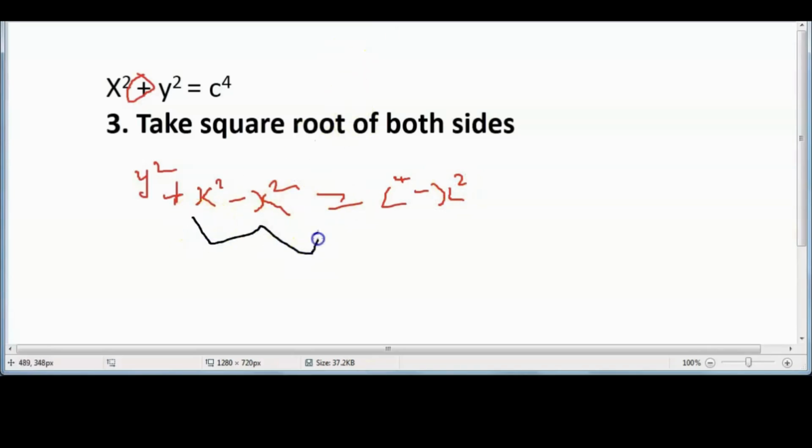x squared minus x squared is 0. So we are left with y squared on the left side is equal to c to the power of 4 minus x squared.